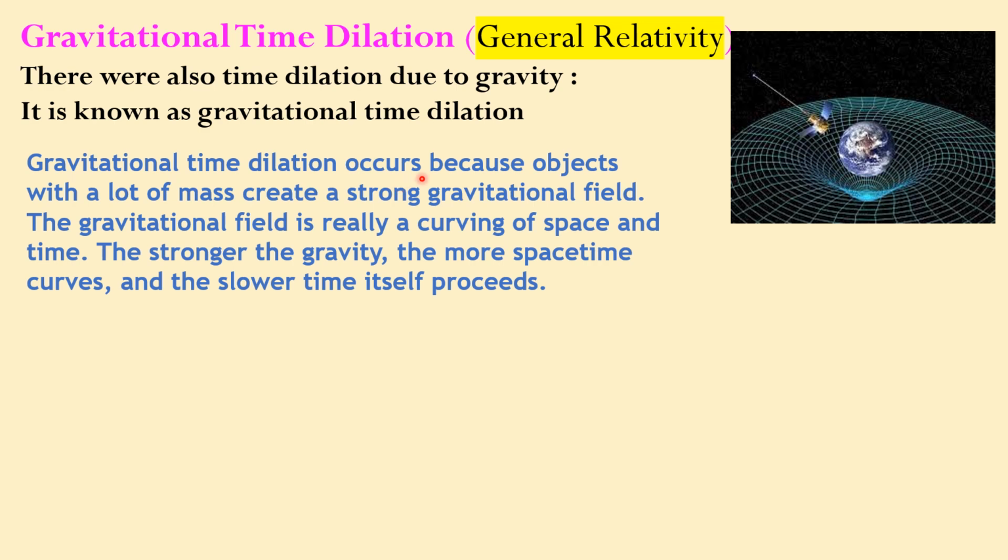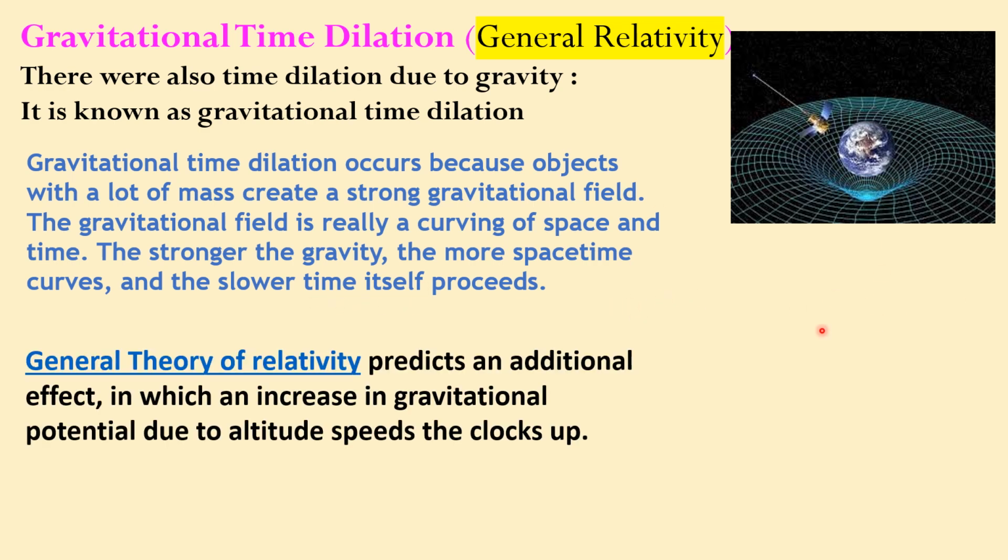Gravitational time dilation is because of massive objects like the Earth, which create a gravitational field around them and curve space and time. The stronger the gravity, the more the curvature, and that's why time is slower here, which means near the Earth the clocks are slower.